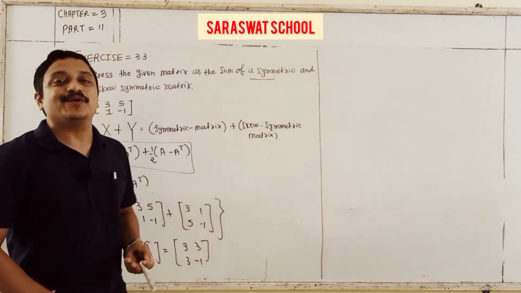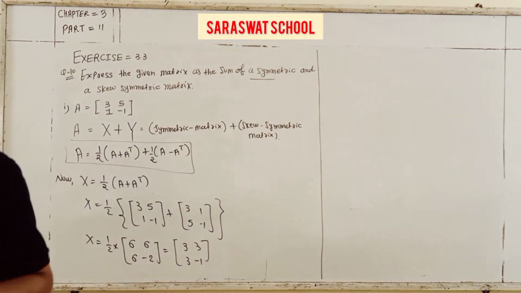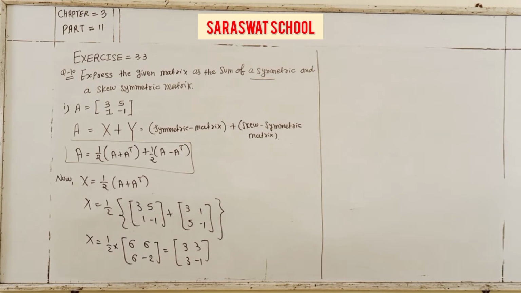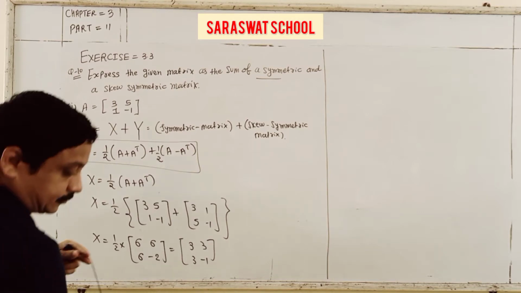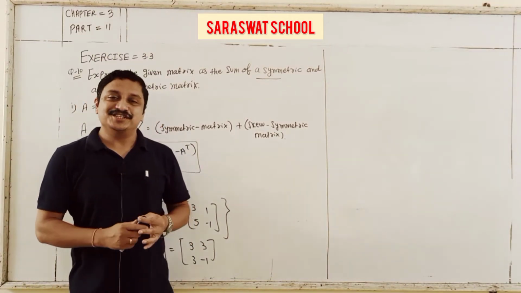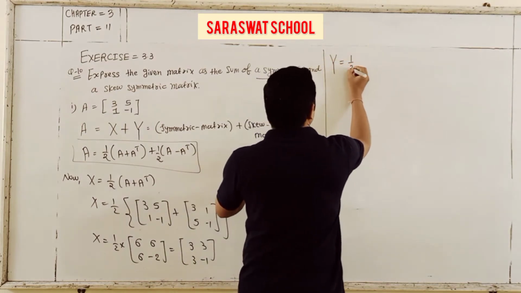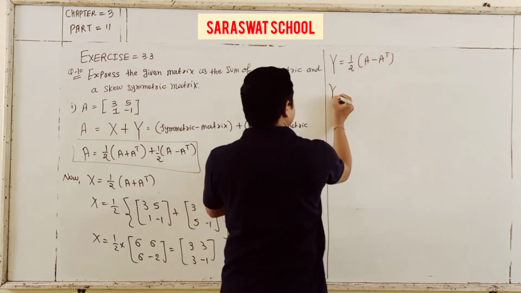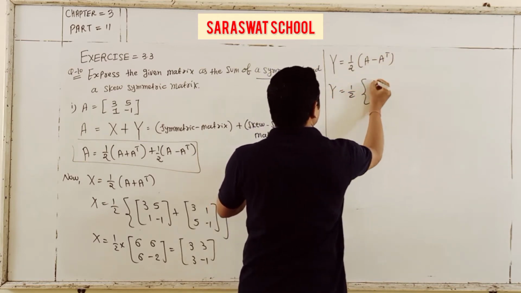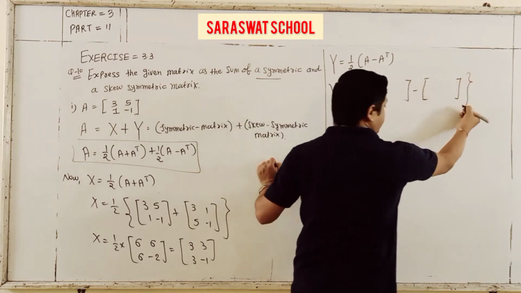Now after that I go to the second part, the skew symmetric matrix. Students, continuing ahead, our second part Y, which is the skew symmetric part, is half of A minus A transpose. Here apply matrix A and its transpose.